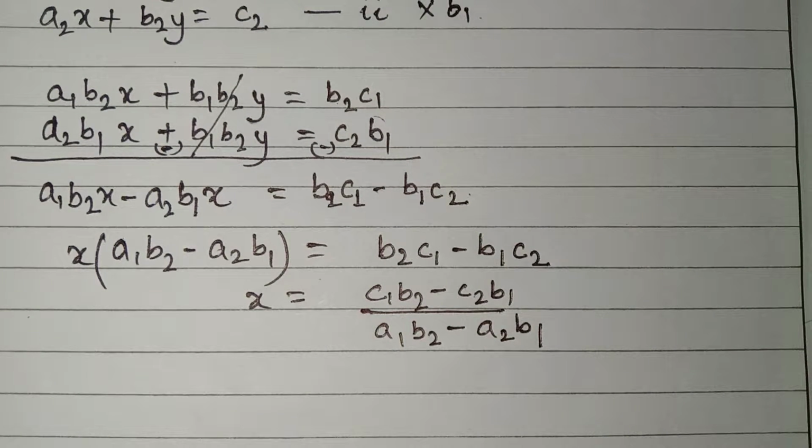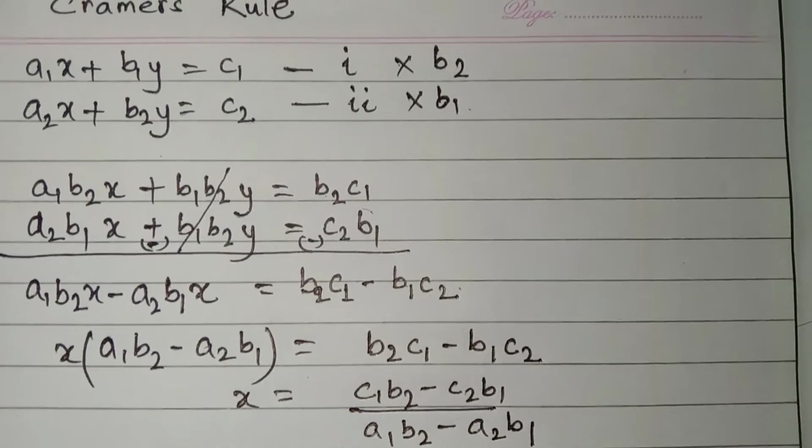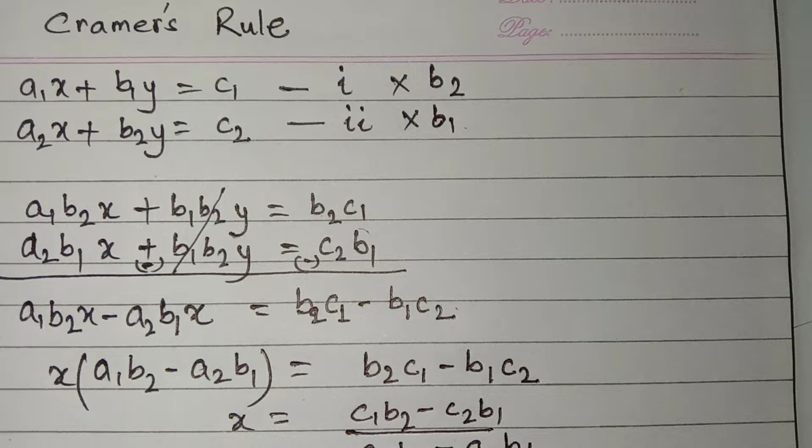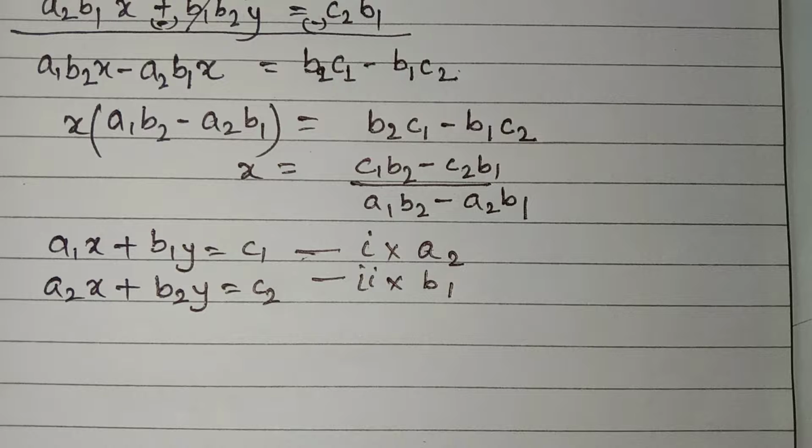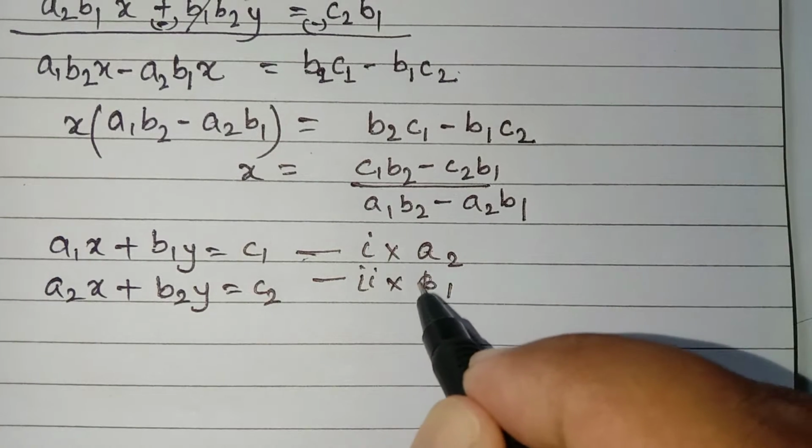Now I'm going to multiply the given equations by a1 and a2. Let's check what happens. Again, I am going to multiply the first equation by a2 and the second equation by a1.